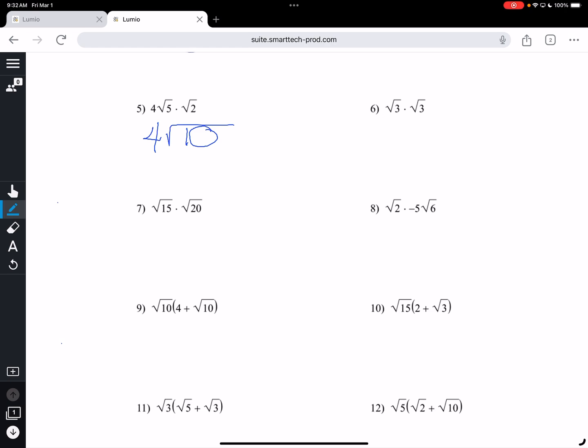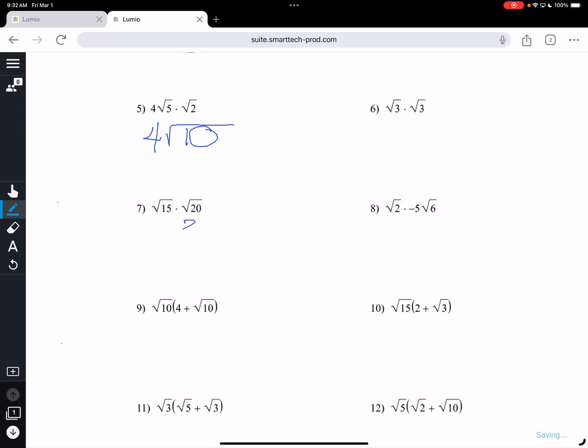Yes, you could say 15 times 20 and work 300. Or, you know, when you're multiplying fractions, we always say cancel out before you multiply so you're not working with big numbers. I highly recommend that for this. So 20, what does it break down to? 2 radical 5, because it's 4 times 5.